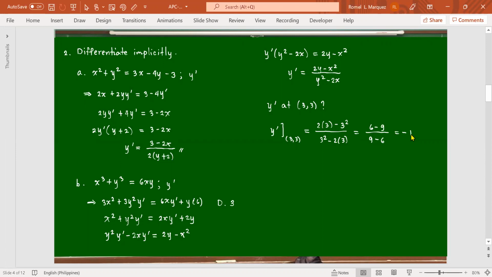Negative 1. That's the value of the derivative at the point, meaning that is the slope of the tangent line when you draw the graph of this curve at the point (3, 3). Letter C.